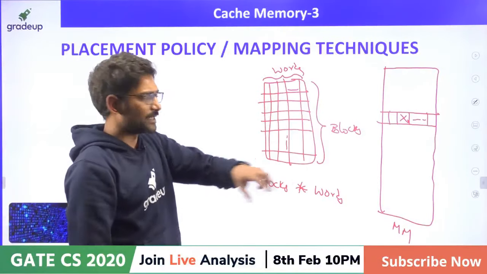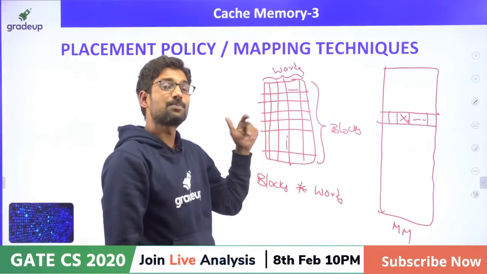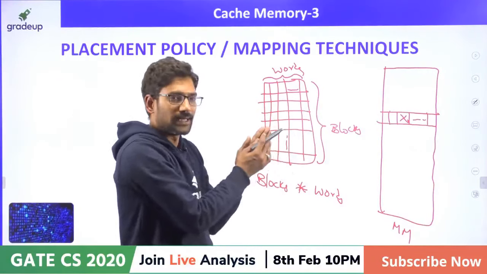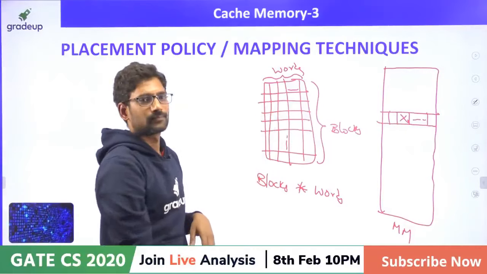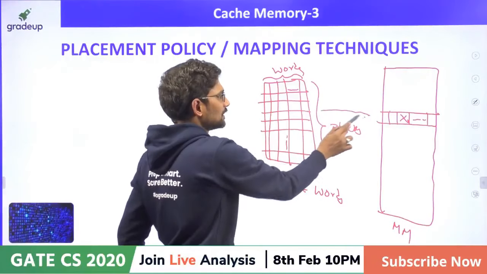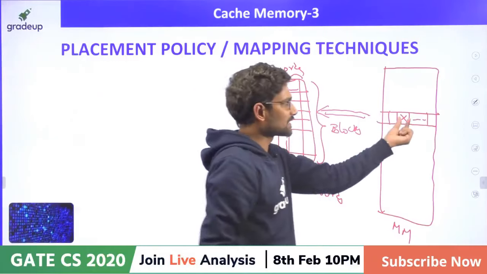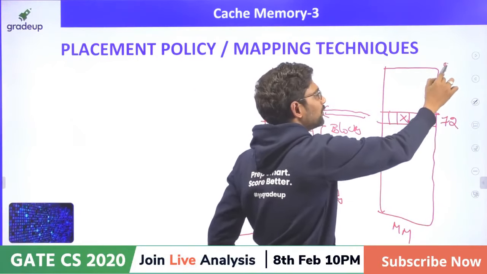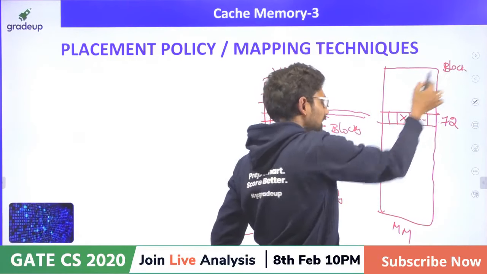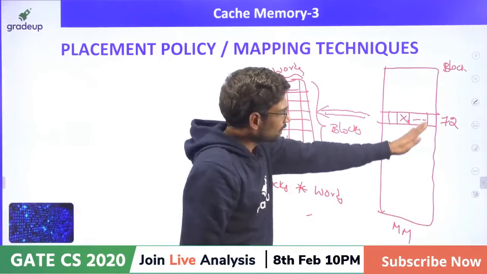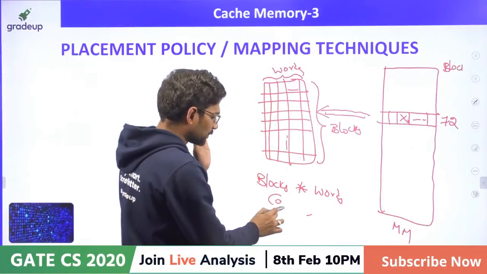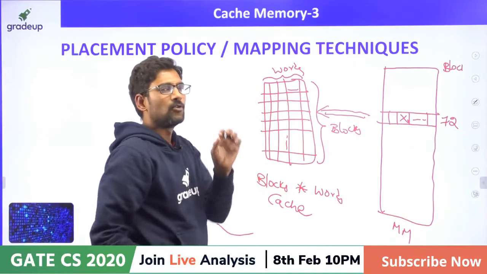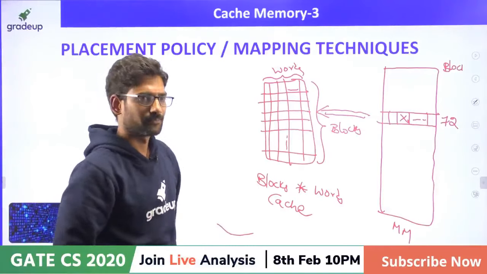So temporal locality says bring x. Spatial locality says not only x, bring the whole block. Now the question is, let's say this x is in block 72 in main memory. But when you get that block to cache memory, where will you place it?